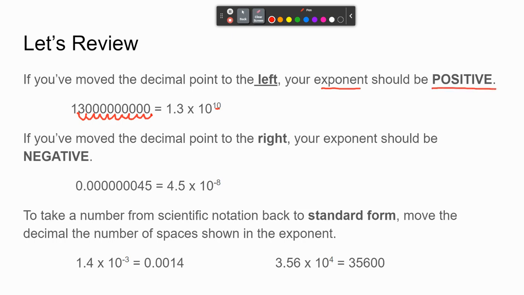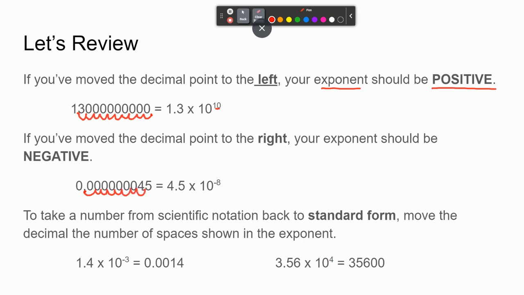However, if we're talking about a really small number, notice I have to take my decimal point here in this example and move it in the other direction to get it so that there's one number that's not zero in front of it. I have to move it between the 4 and the 5. 1, 2, 3, 4, 5, 6, 7, 8 places.